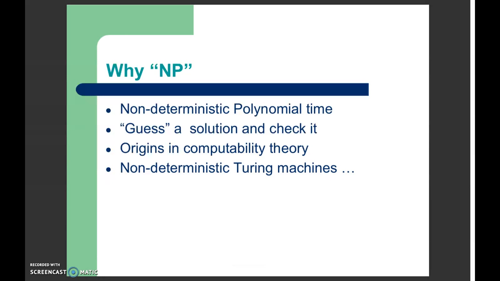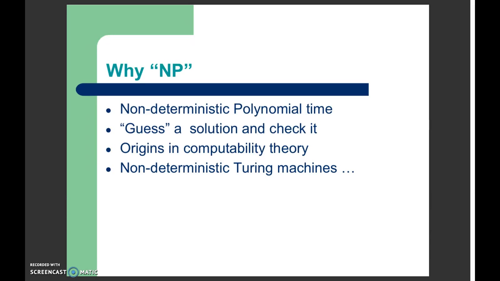Now the question arises, why is this class called NP? Well, NP is derived from non-deterministic polynomial time. The first and the third words give the letters N and P. That is, non-deterministically guess a solution, that is, magically deduce a solution, then in polynomial time verify whether the solution is correct or not.